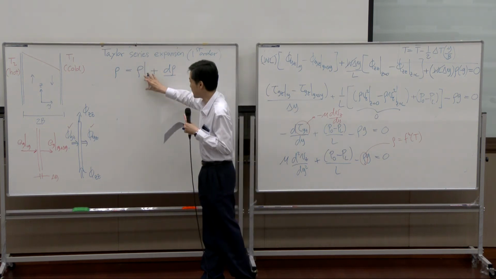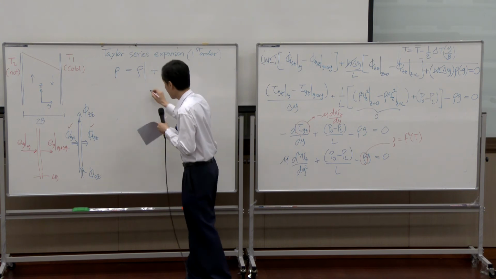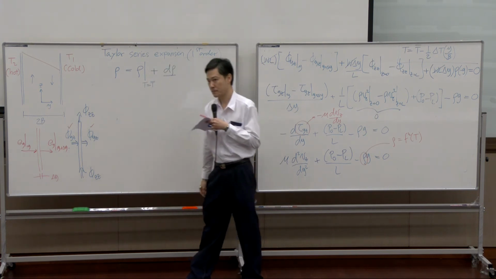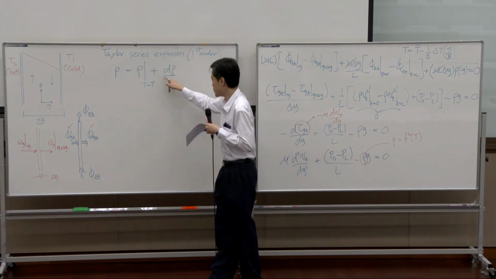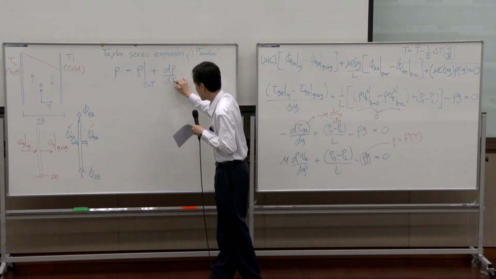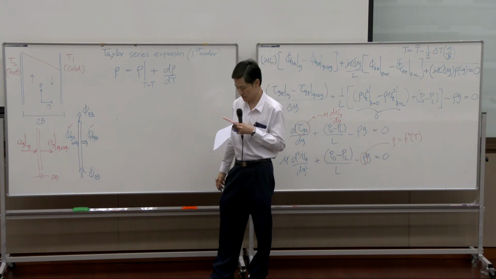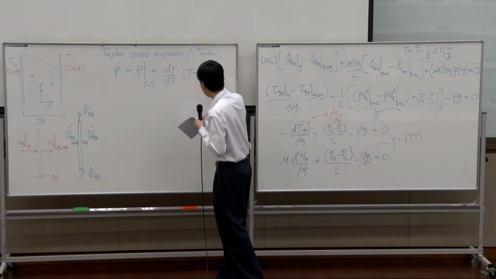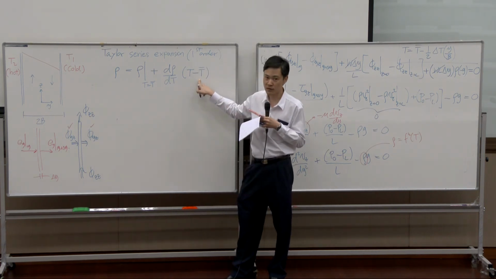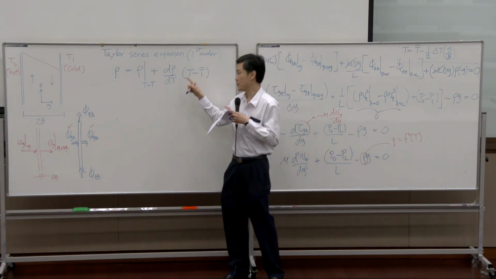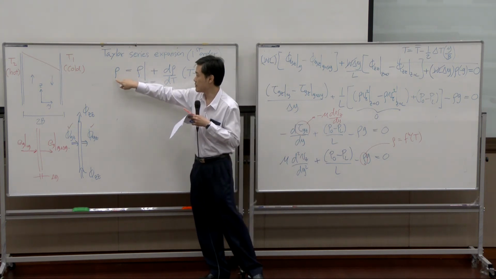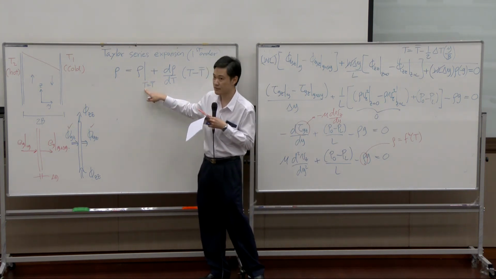If I choose the fixed point to be where temperature is the mean temperature, differentiation here is supposed to be differentiation with respect to temperature, multiplied by the deviation from the average point. So again, let's say this is y, this is x.